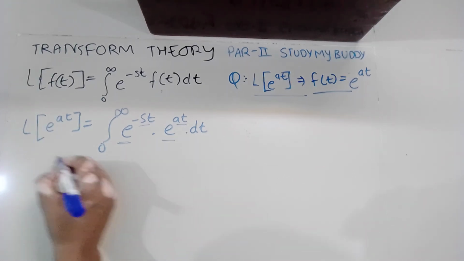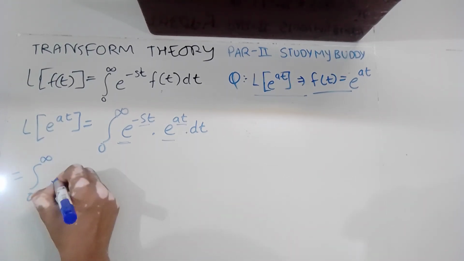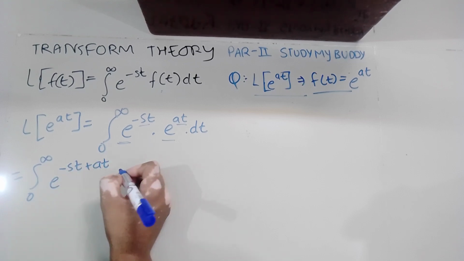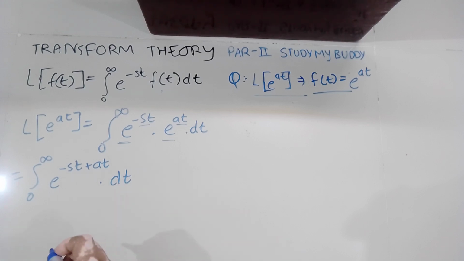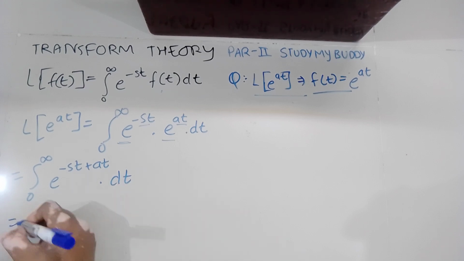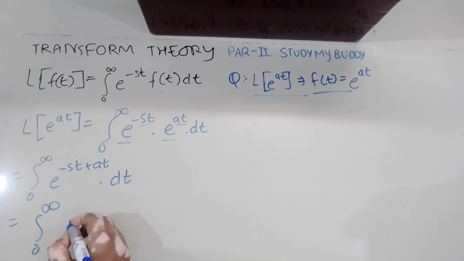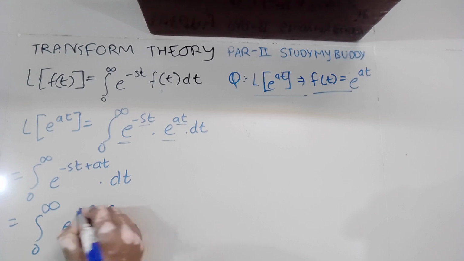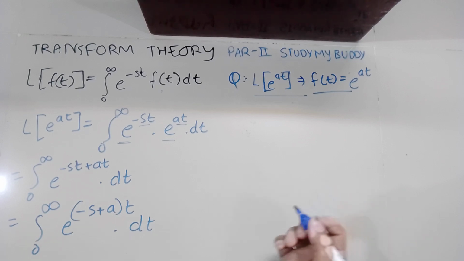This is a basic property of exponents, and e to the power minus st plus at, okay, into dt. Don't forget this step. Now the next step is e to the power minus s minus a, into t, dt, since s and a both are constants, okay.